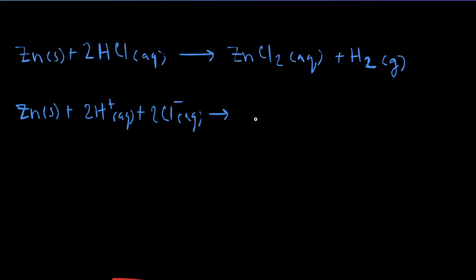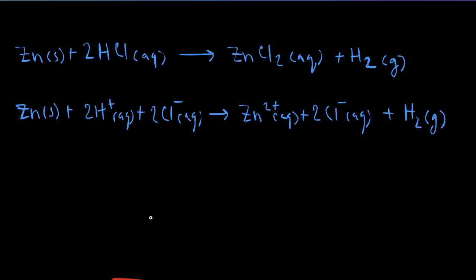ZnCl2, zinc chloride, is aqueous, and so it will be broken up. And hydrogen is a gas, so it stays as is. Now that is step 2.